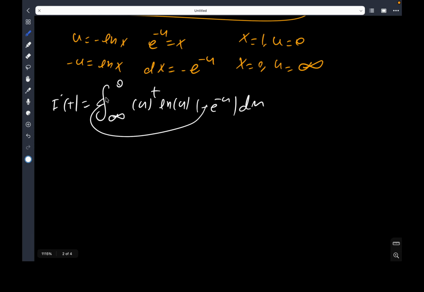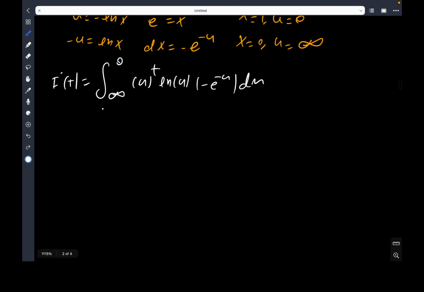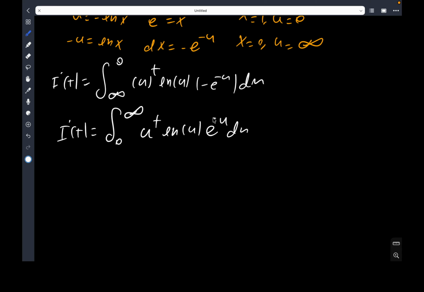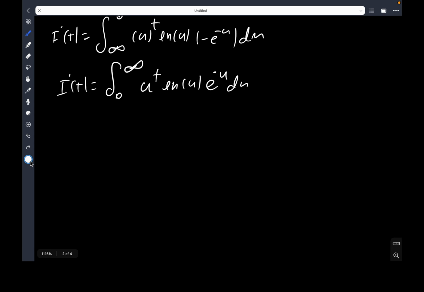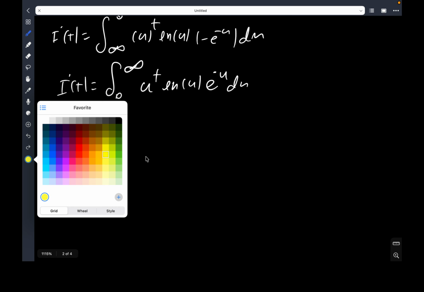And this negative is going to get multiplied in this integral, and it's going to give me I prime of t equal to the integral from 0 to infinity of u to the t ln u e to the negative u du, as the negative sign changes the bounds of the integral. Now here, we're going to use the gamma function.